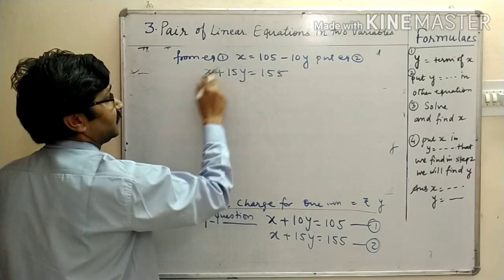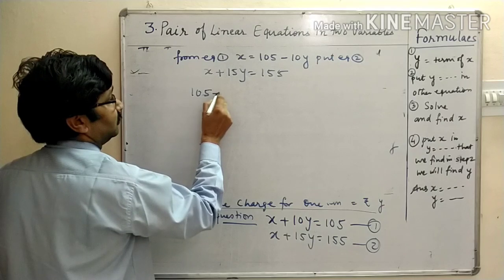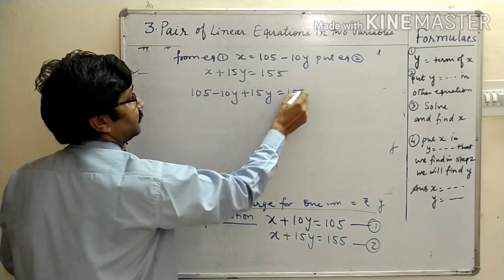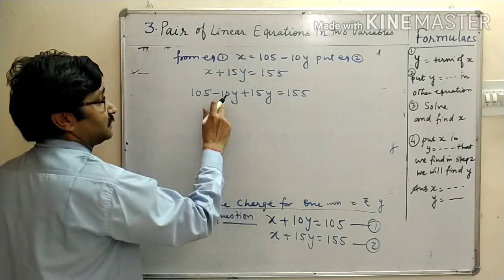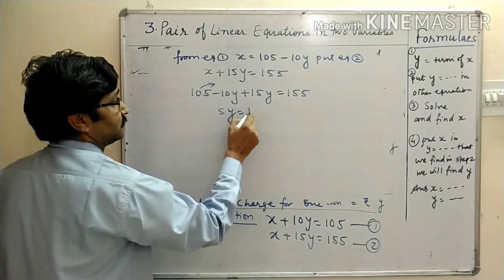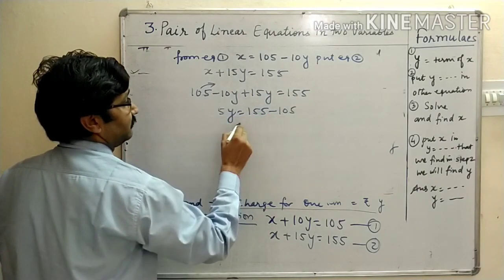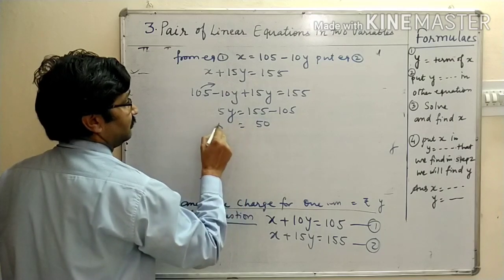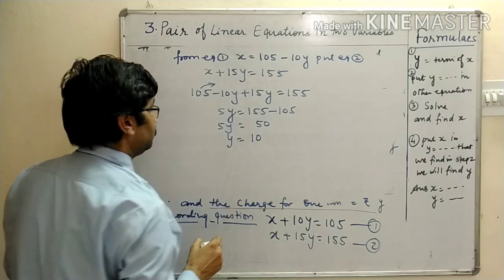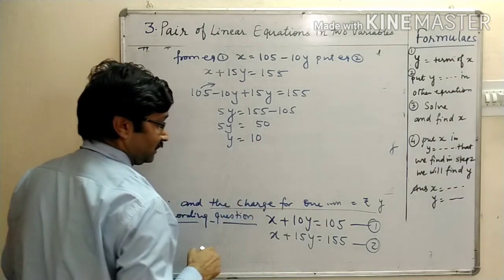In place of x you put this value: 105 minus 10y plus 15y equal to 155. 15y minus 10y is 5y, and 105 you transfer. So 155 minus 105, that will be 50, and 5y equal to 50, so this you get 10. Y equal to 10. Y means the charge for 1 kilometer is 10 rupees.